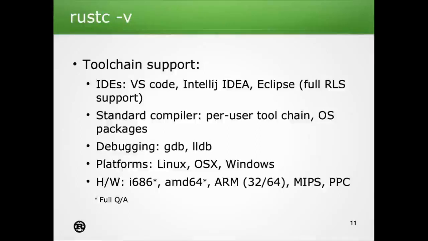If you resort to the operating system provided packages, rather than if you download the toolchain, you have the choice of 3 tiers. Essentially, you have a stable version, you have a beta channel, and you have a nightly build.